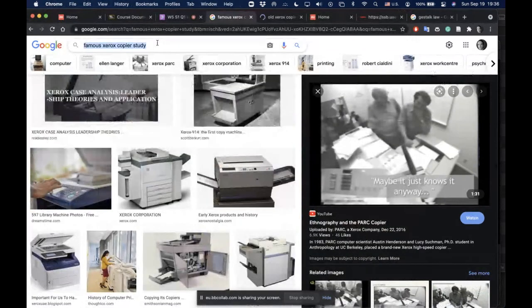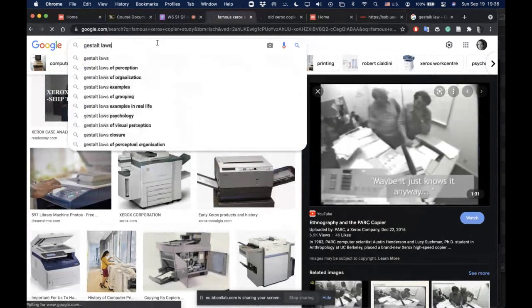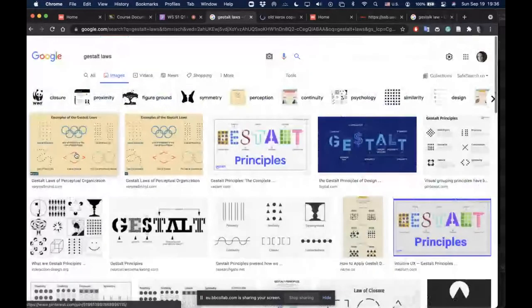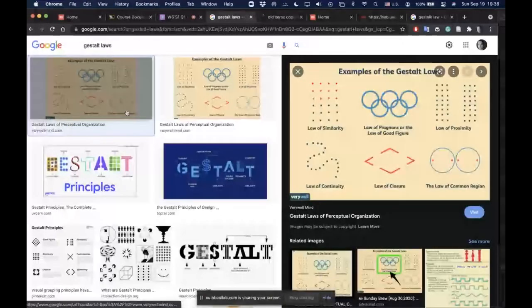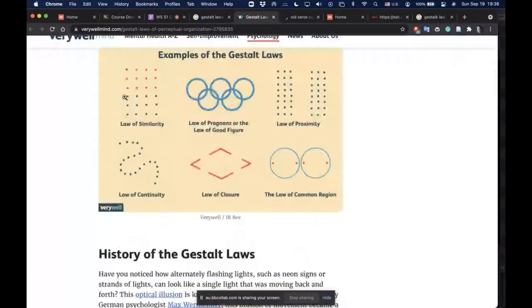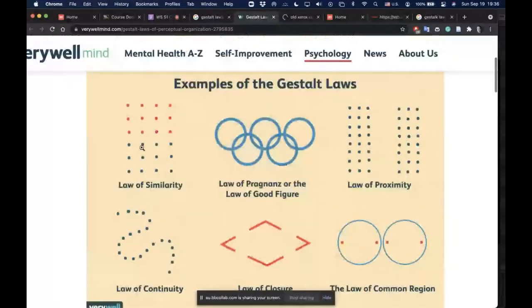The laws of Gestalt. There are a lot of them, but there are four main laws, and the first one is the law of similarity. It means that if you have elements that are similar, here two colors, your brain will think these are two objects instead of 24 different dots.